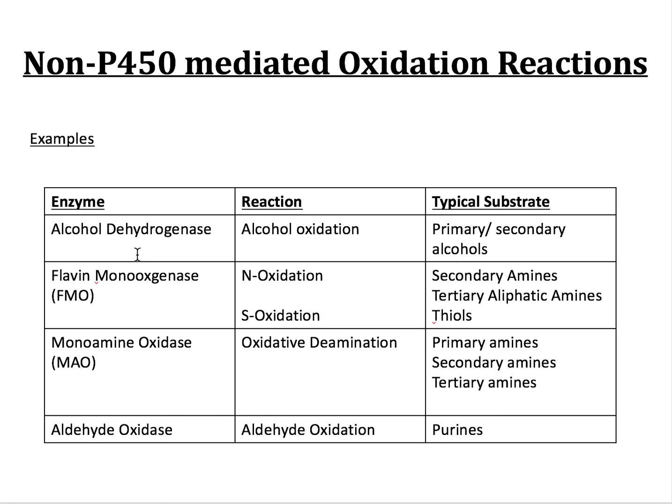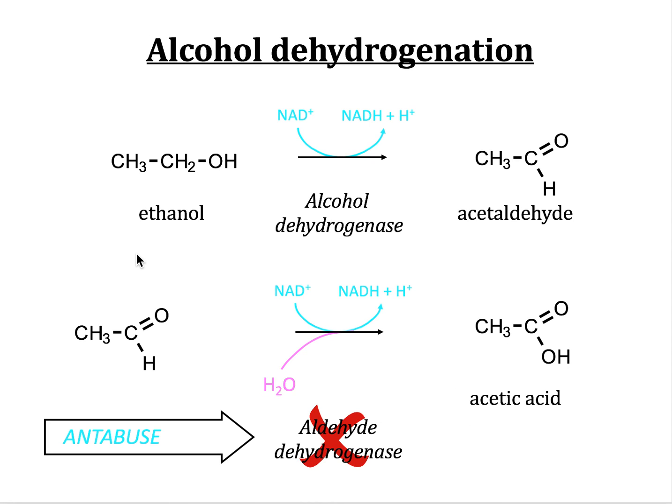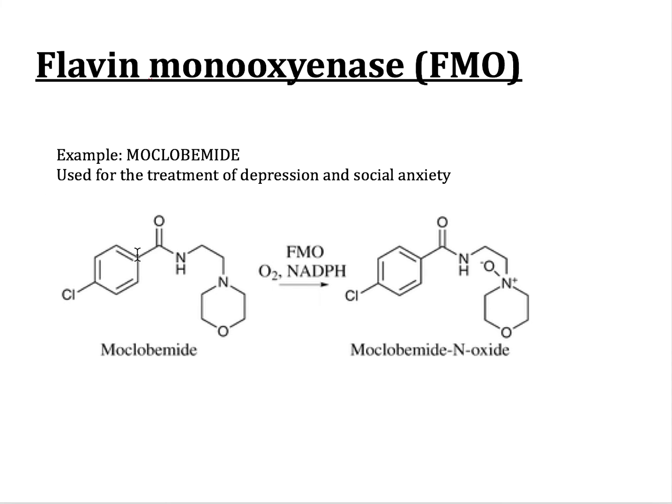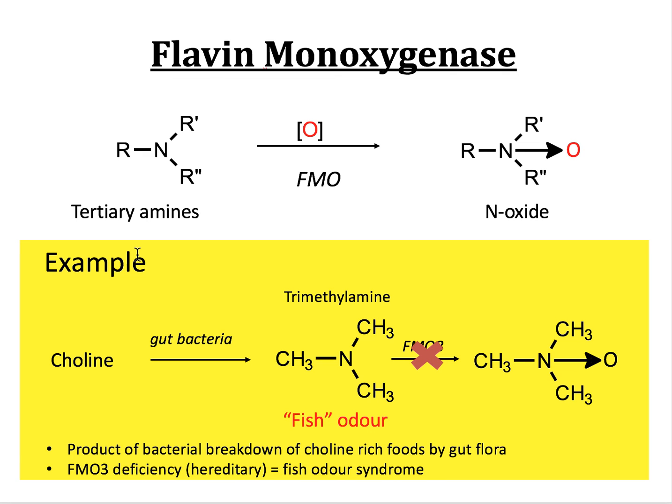Flavin monooxygenase is the enzyme required. It's usually found in the liver microsomes. So moclobemide is an antidepressant, as you can see here. Flavin monooxygenase can also be used for fish odor syndrome.